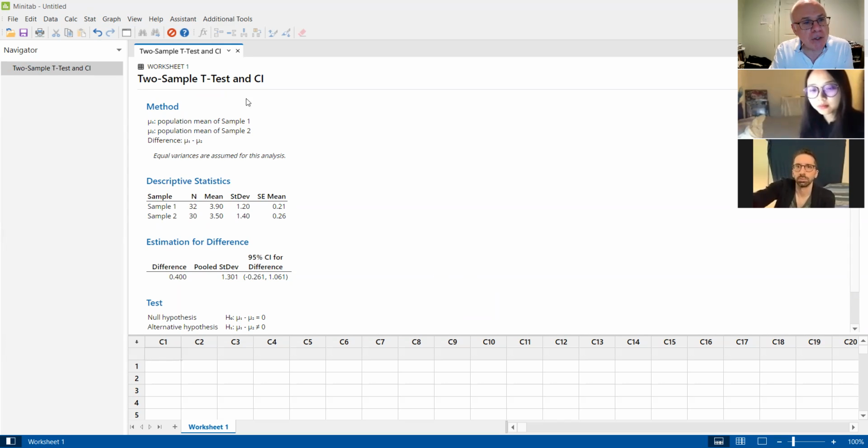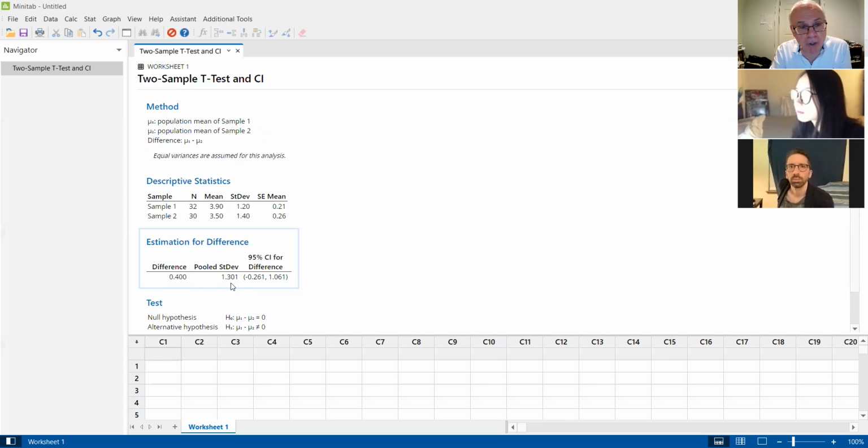All right, everything we need is right here. Let's take a look at everything that we need, any question we ask. Notice the bottom is our null and alternative hypotheses, right? There they are. That's our two-tail null and alternative hypothesis. Notice it gives us our pooled standard deviation. Nice.